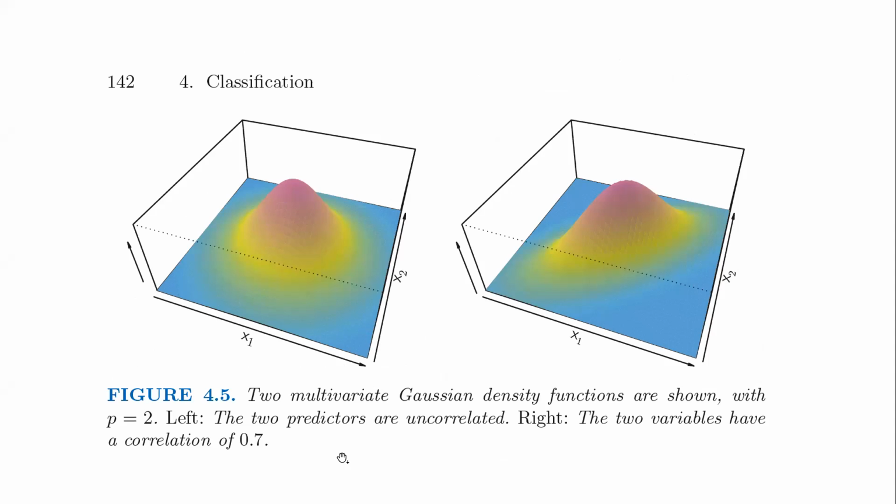For any pair of values x1 comma x2, f of x1 comma x2 gives you the height above the surface, with the greatest height being over there.